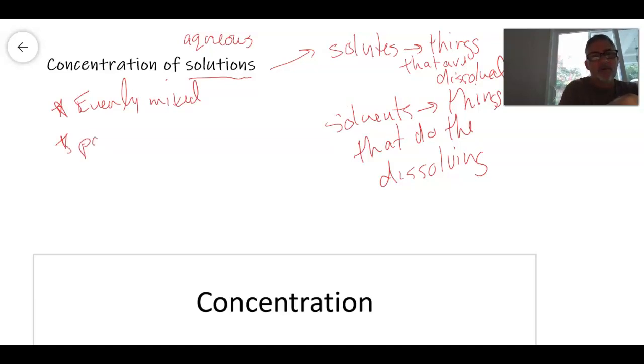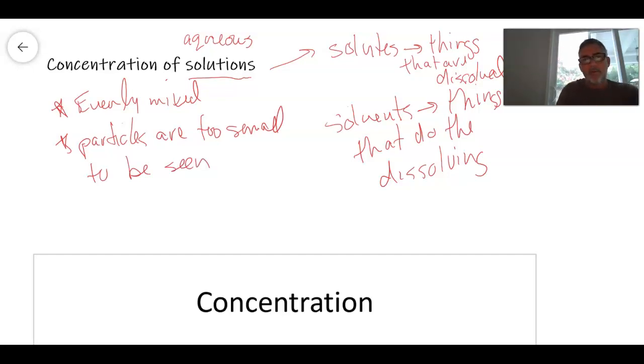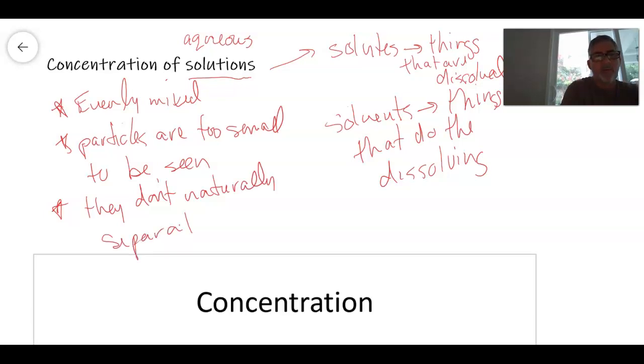The particles are too small to be seen, and they don't naturally separate. All right, so those are three basic properties.